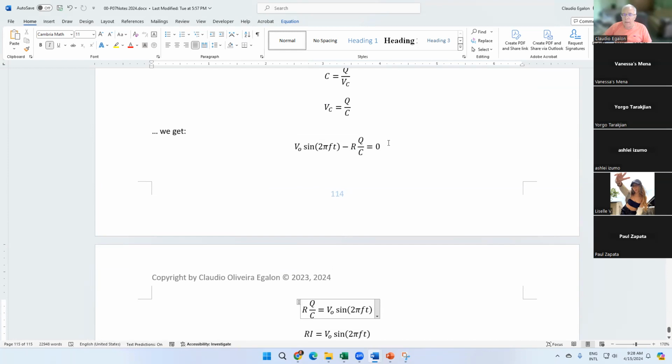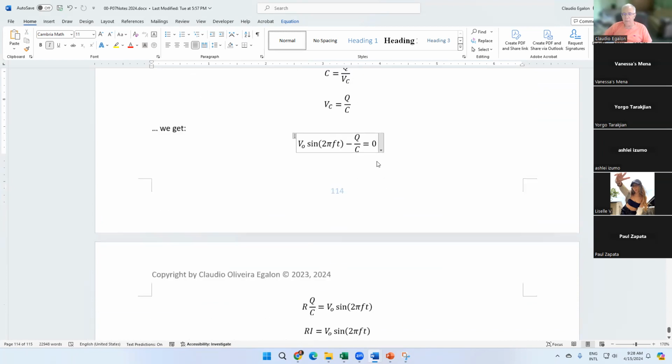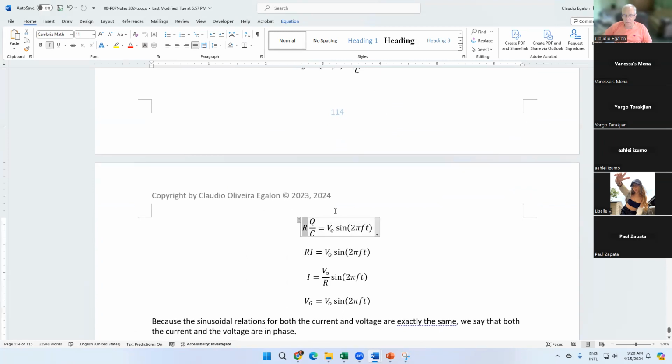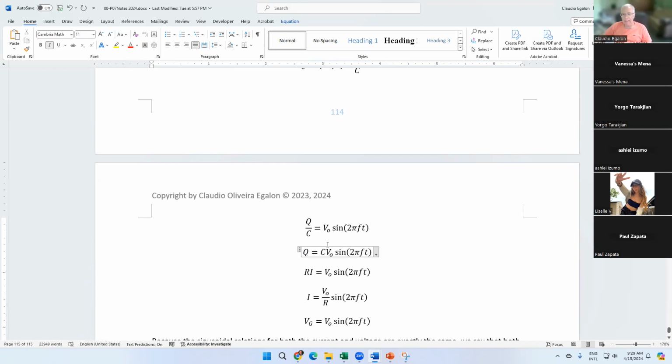There's no resistor here. And just pass the capacitance term to the right side, and then we get the equation for the charge that's building up in the circuit.